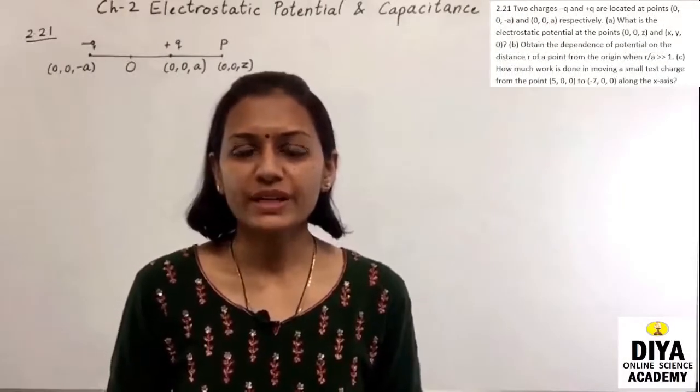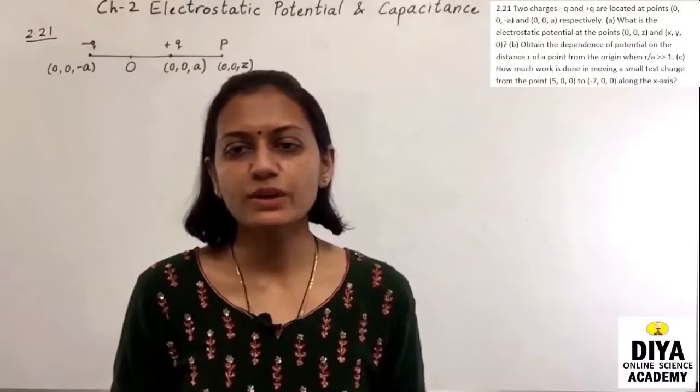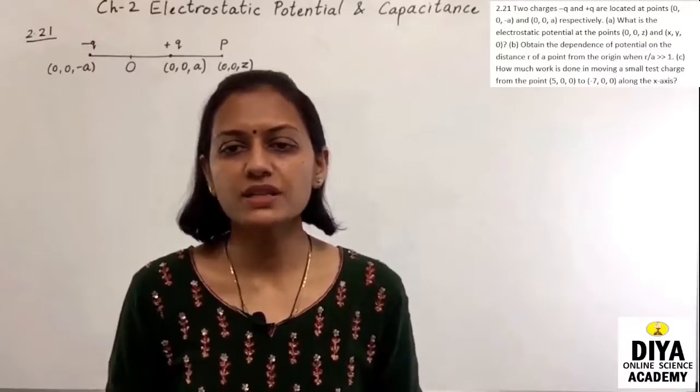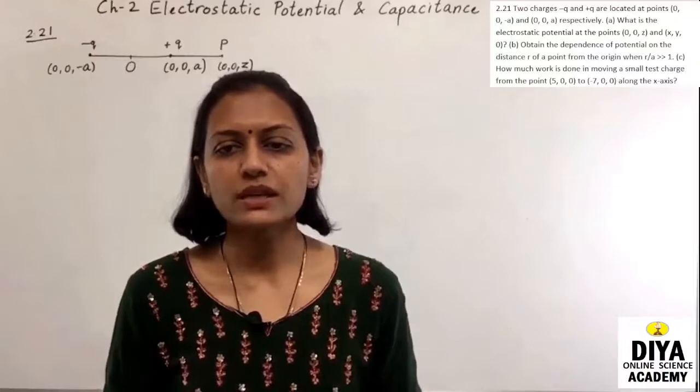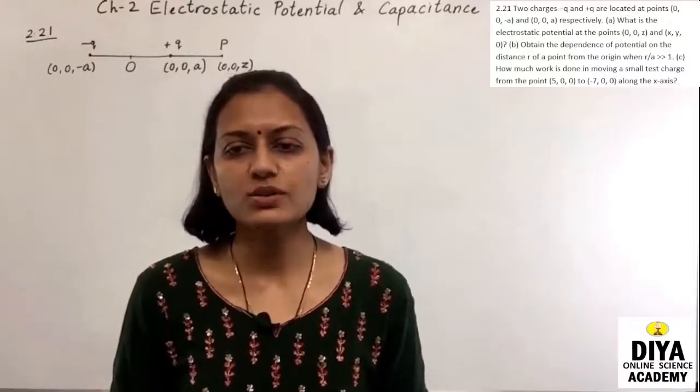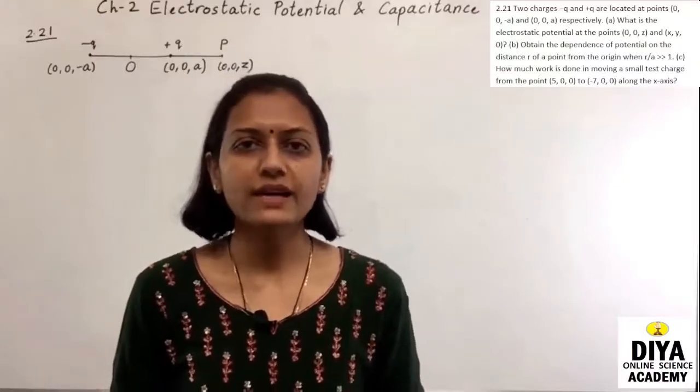Question number 2.21. Two charges minus q and plus q are located at points 0, 0, minus A and 0, 0, A respectively. What is the electrostatic potential at the points 0, 0, z and x, y, 0?